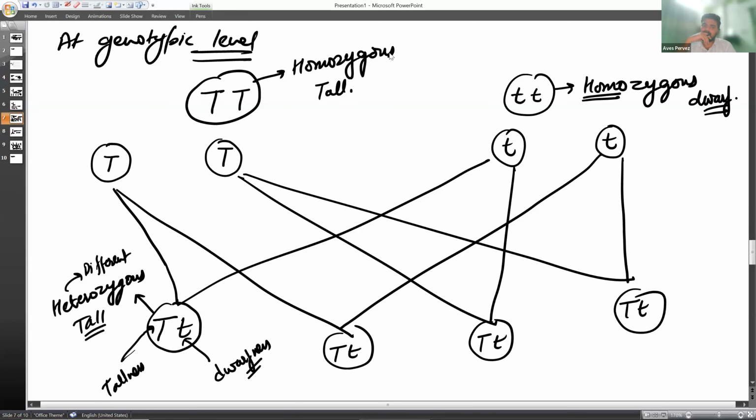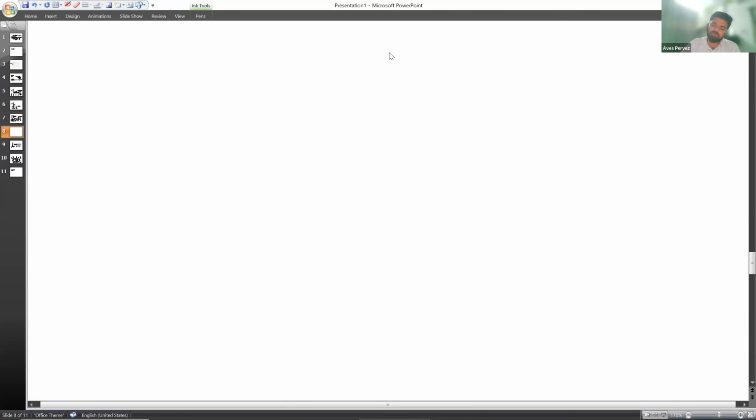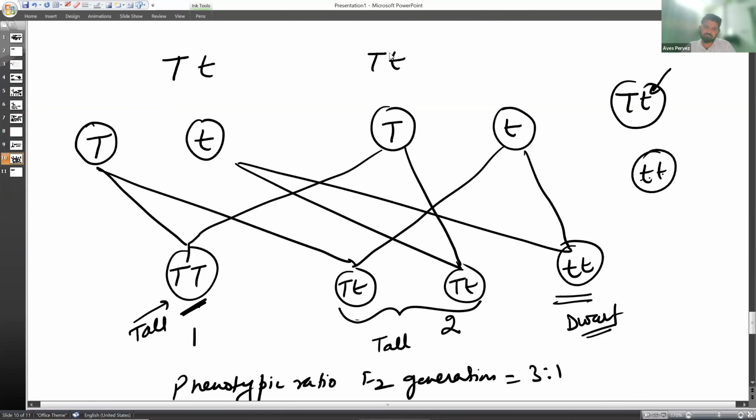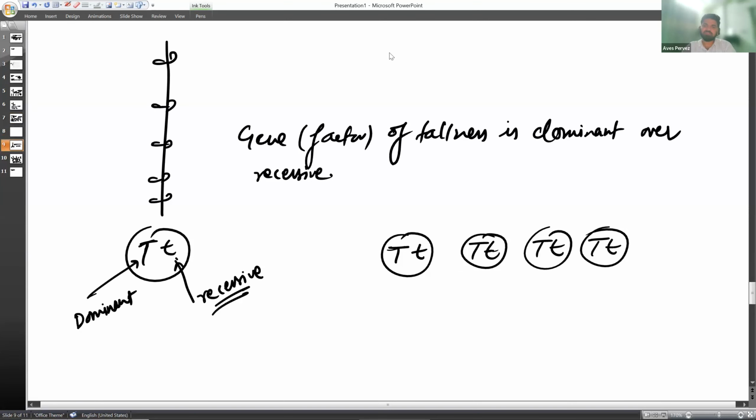Yes, sir. Noted? Okay, note this one also. F2 generation का था?